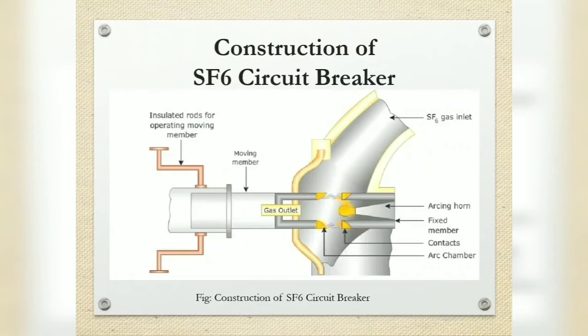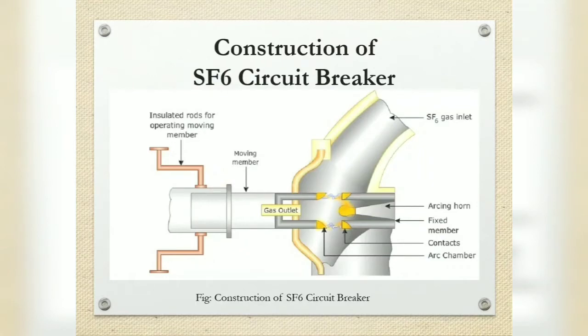The SF6 gas absorbs the free electrons in the arc path and forms ions which do not act as charge carriers. These ions increase the dielectric strength of the gas and hence the arc is extinguished.